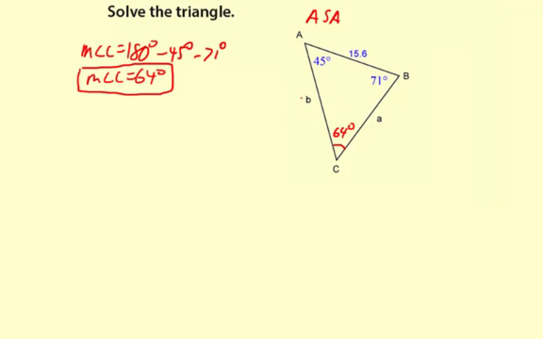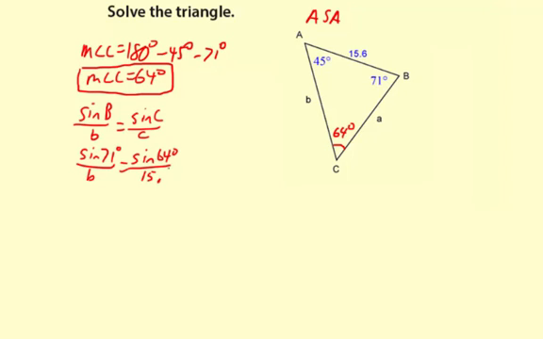Okay, now I'm going to solve for, let's say, side length B. So I'm going to say sine of angle B to side B equals, and we know the information for C, both the angle measure and the side, so that's going to be the other ratio: sine of C to C. So this is going to be sine of 71 degrees to side length B equals sine of 64 degrees to 15.6.